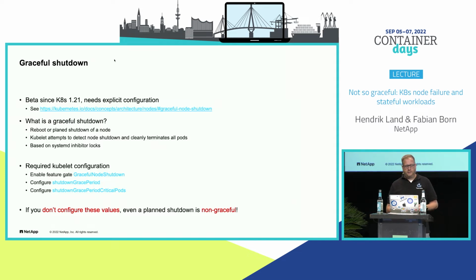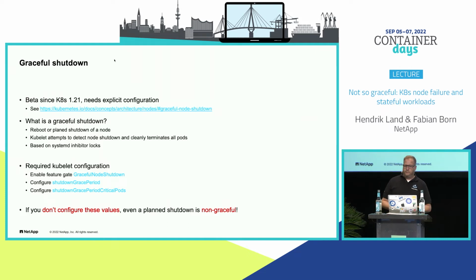And the third one is shutdownGracePeriodCriticalPods, which is a configuration in the cluster settings. If you did not configure these three parameters, every reboot or every shutdown is a non-graceful shutdown. So it's very important to know: if you want to enable a graceful shutdown, you have to configure these three parameters.